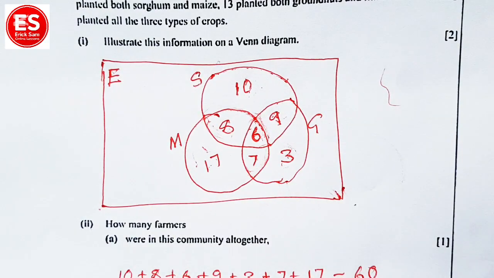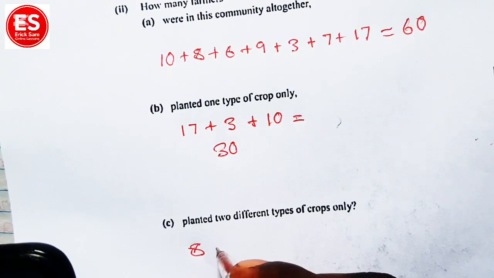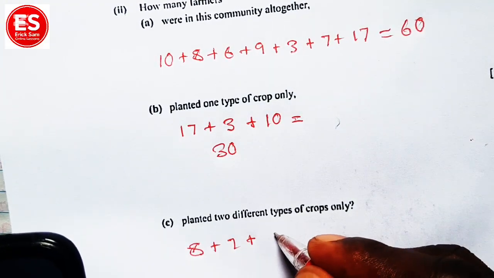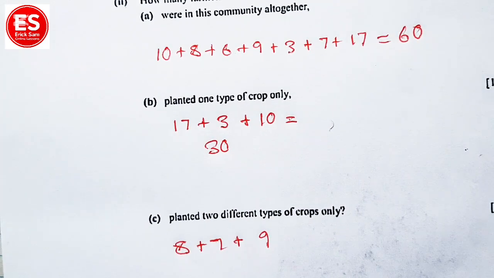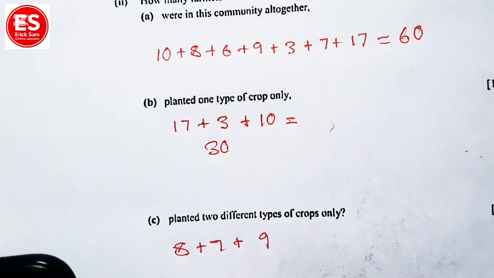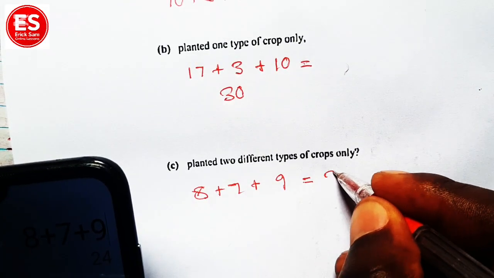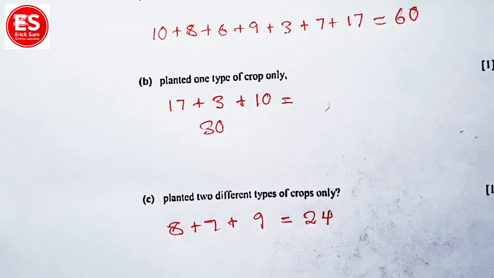You write here 8 plus 7 plus 9. When you add those, you're going to have 24. So you're going to have 24 farmers.